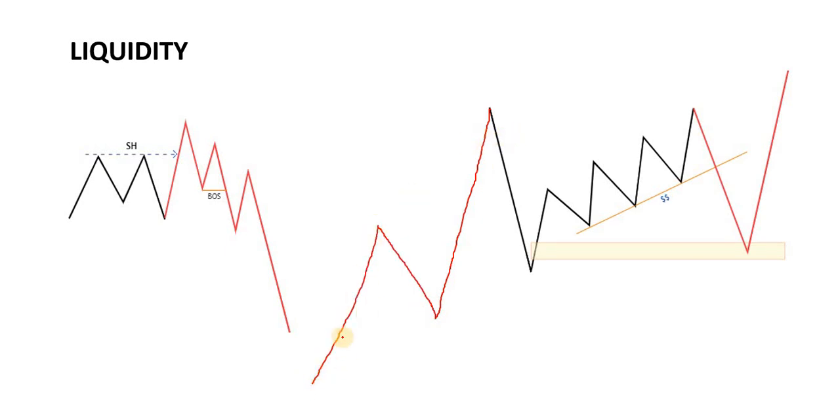So maybe the market is making higher high, higher low, higher high, higher low. Then we have another block. Assume that this actually led to the break of the structure here, sponsored by this block.